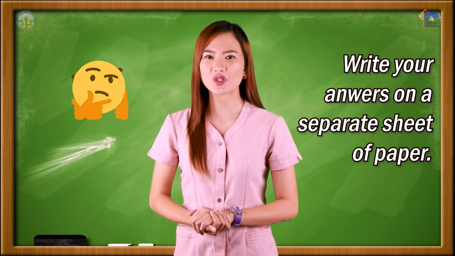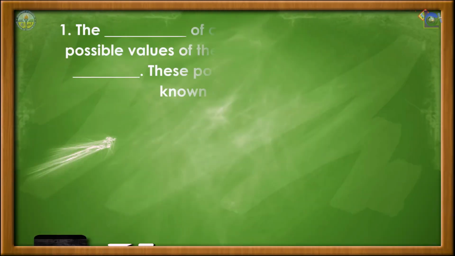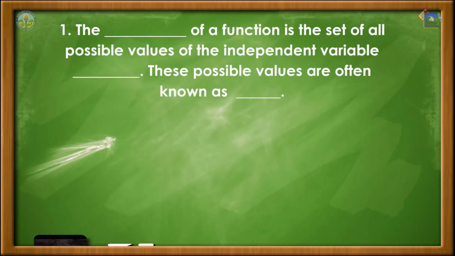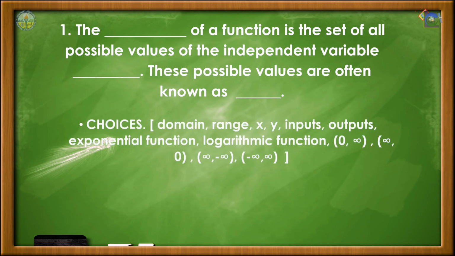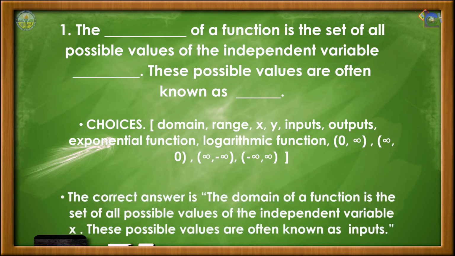At this point, let us try to summarize the day's lesson by filling in the blanks with correct words or phrases. Write your answers on a separate sheet of paper. Statement number 1. The correct answer is, the domain of a function is the set of all possible values of the independent variable x.